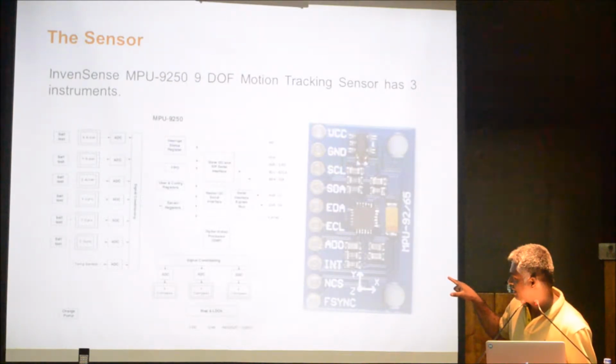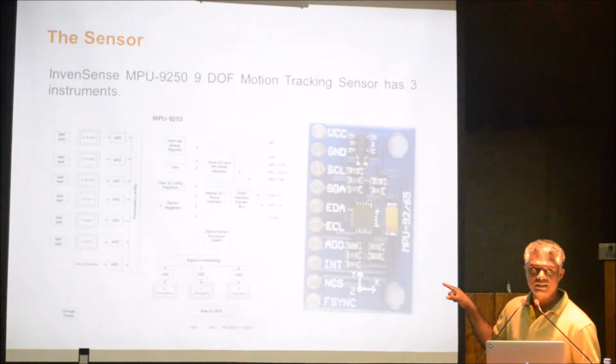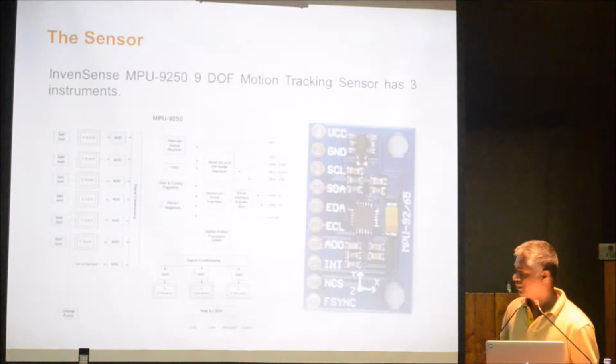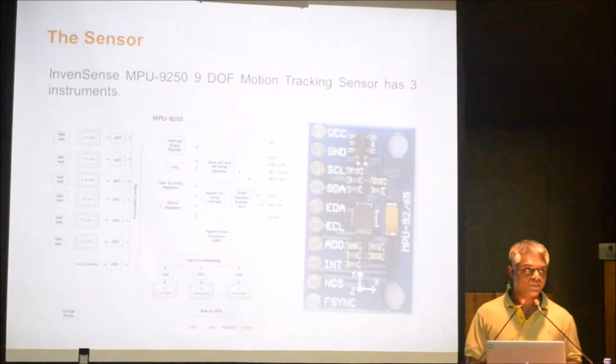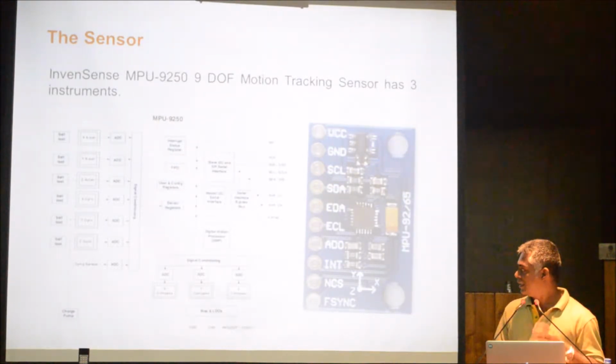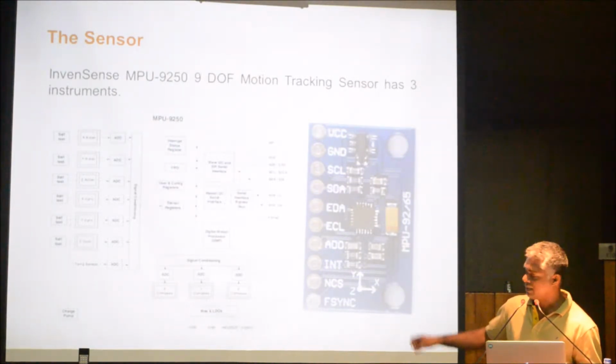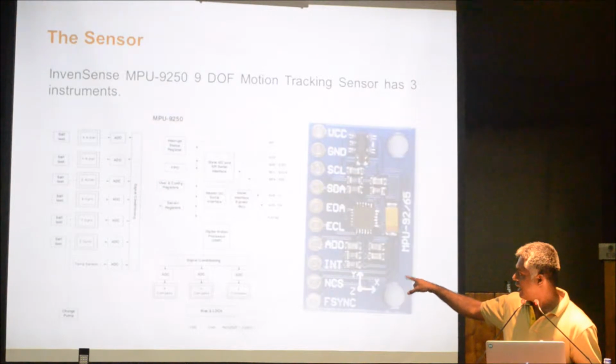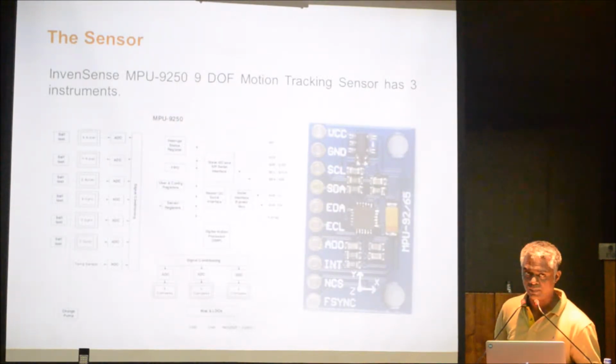You can see there's a component called the digital motion processor, which really does the sensor fusion. This digital motion processor is available inside this chip, so the sensor fusion happens on the chip, on the edge, on the sensor itself. It gets all this information, the 9 inputs, compensates errors and sends it out through the I2C bus.